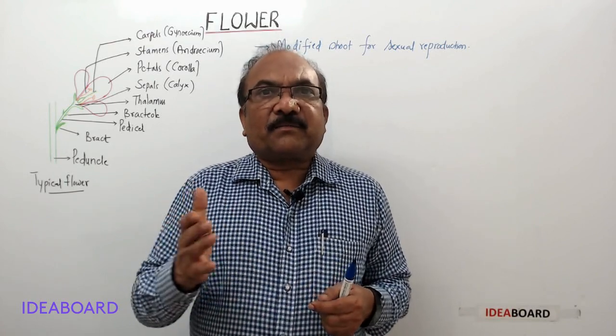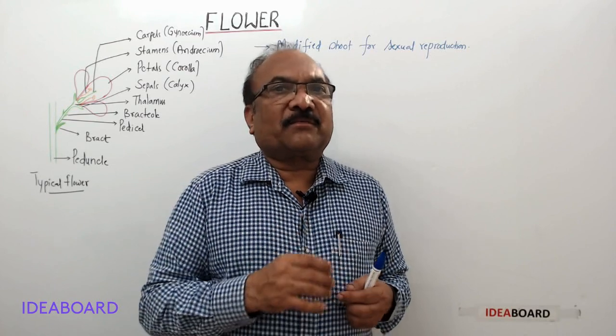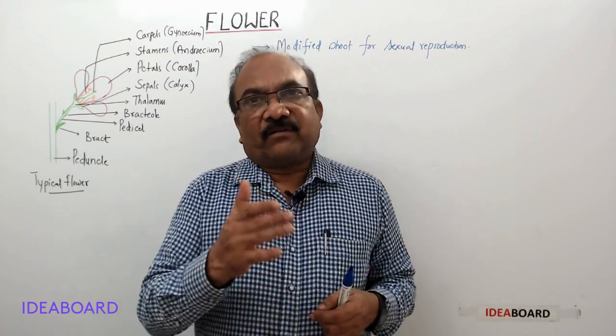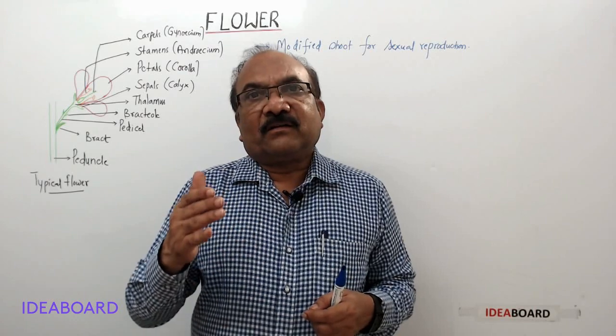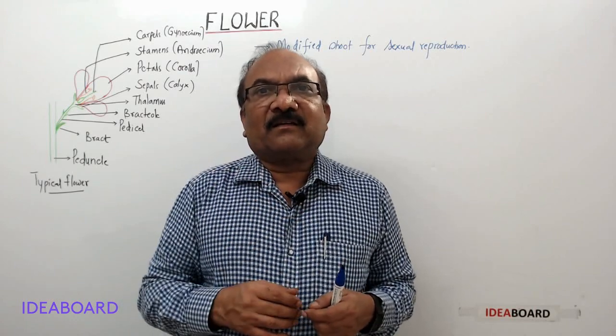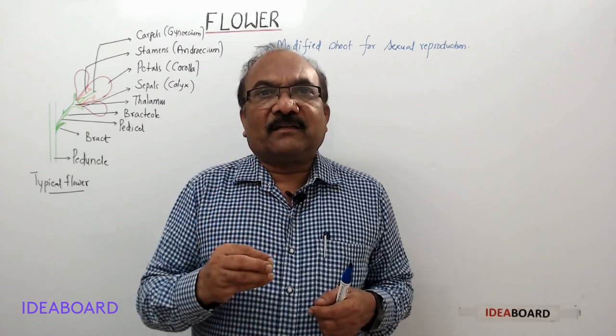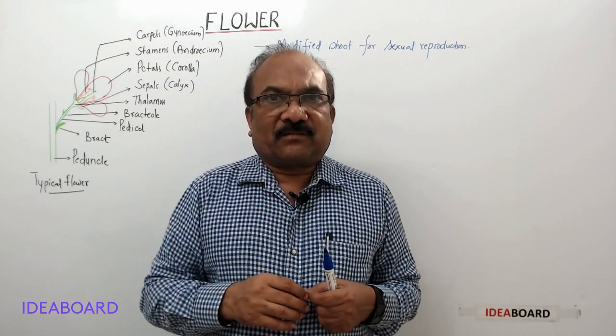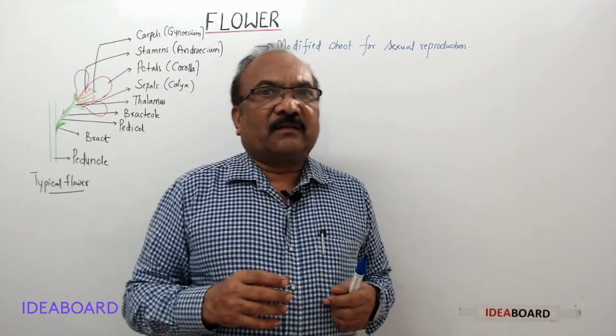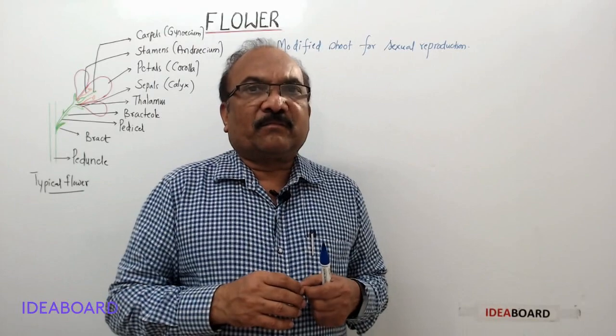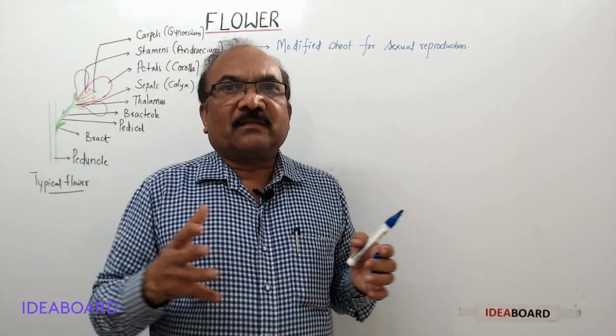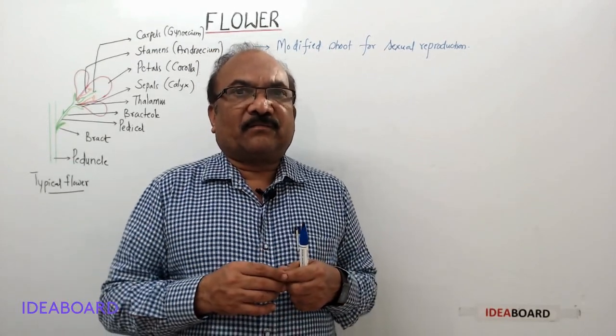This description will be a technical description, and to describe technically, we have to learn the technical terms. That's why I would like to give you some idea about these technical terms.